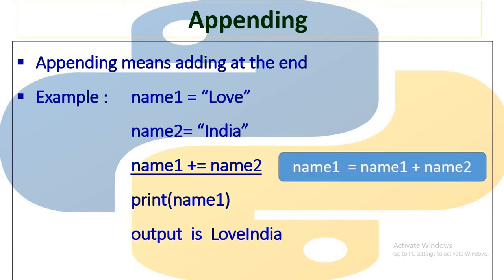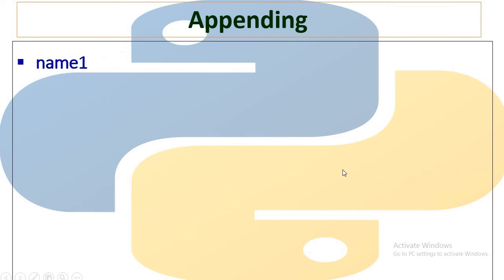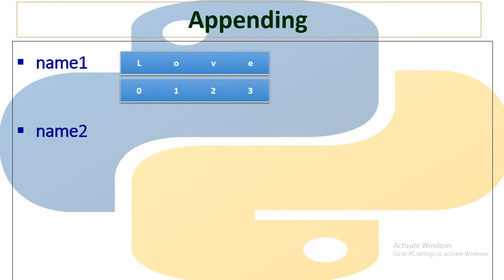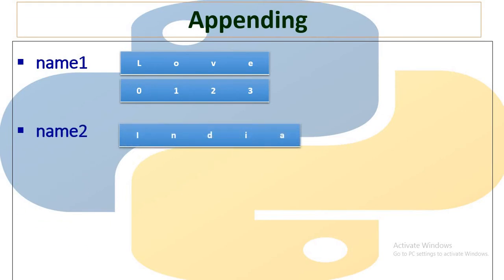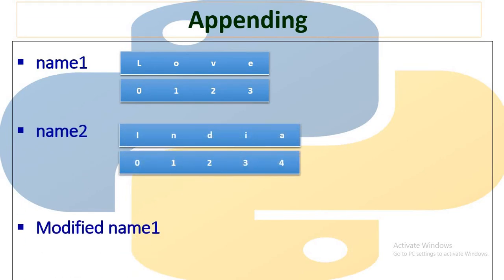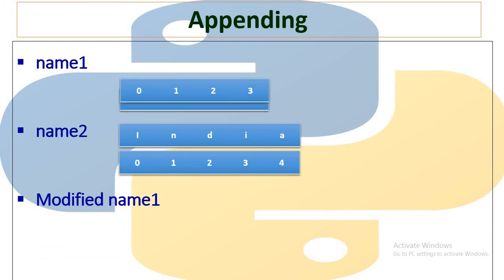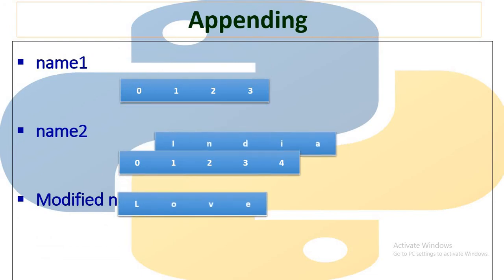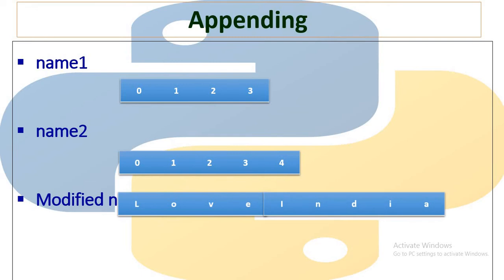So name1 is name1 plus name2. In the last example it was name3 is equal to name1 plus name2. What happens in appending is the same: the first string is love, another string is India, and then we are modifying name1. So name1 becomes love India.